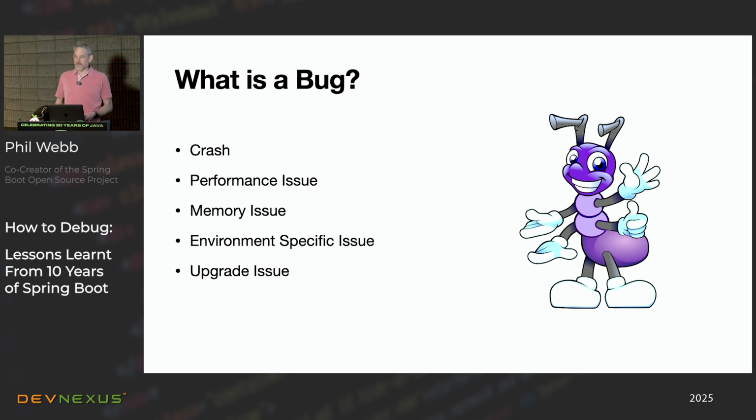For instance, performance issues, things that work, but now don't work as fast as they used to, or memory issues, things that used to work well in a small environment and now don't, or environment-specific issues where things used to work on Windows and now they don't, or maybe a combination of all of them. Something works well, except if you put it in a Docker container with limited memory, and then a memory issue and a performance issue happens.